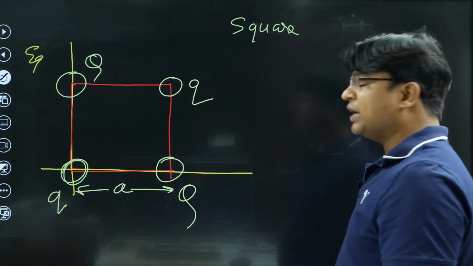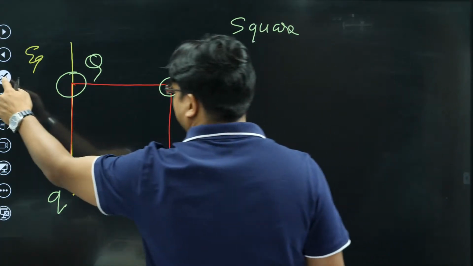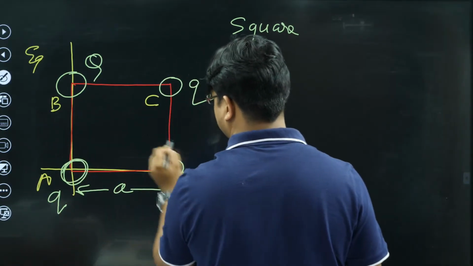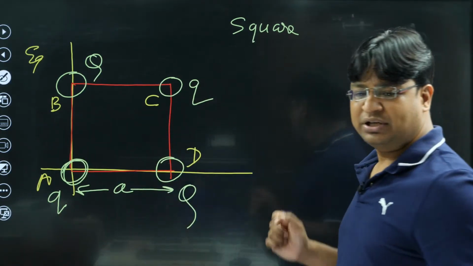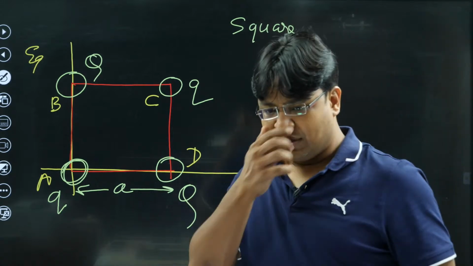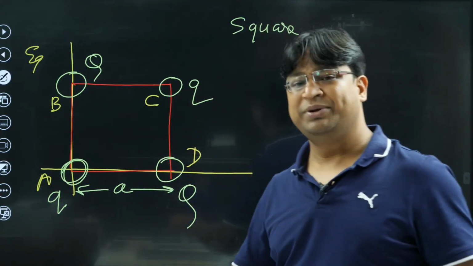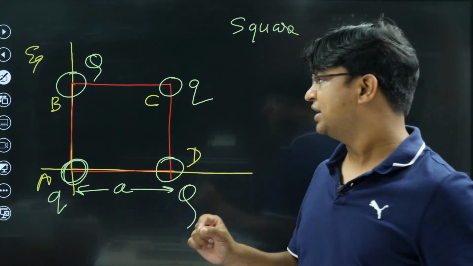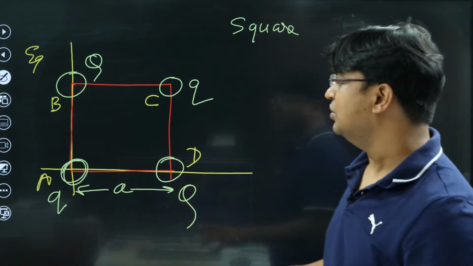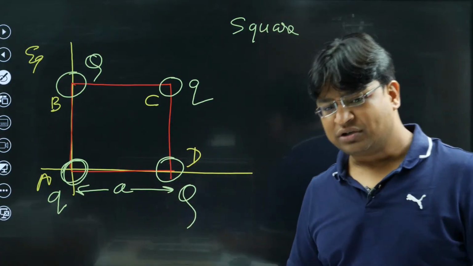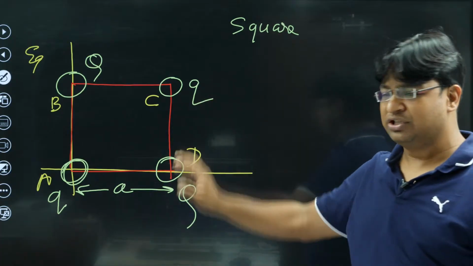Now what I want is that we call these particles A, B, C and D, and I want the net electric force on C to be 0. Now give a thought to this situation, guys. I want the net electric force on C to be 0.